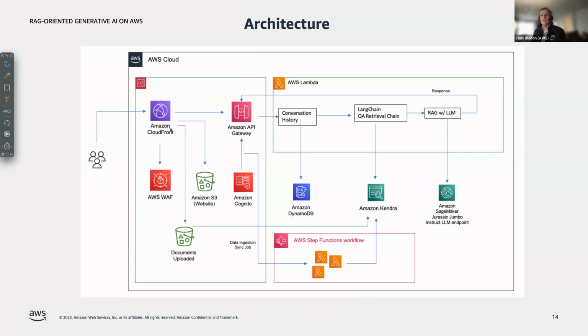That gives you really low latency access to content like videos, but also content like HTML pages and CSS and JavaScript that you want to push out and get close to the user. We're using S3 here not only for our website, so the chatbot is actually hosted in S3, but the documents as well, like I said.